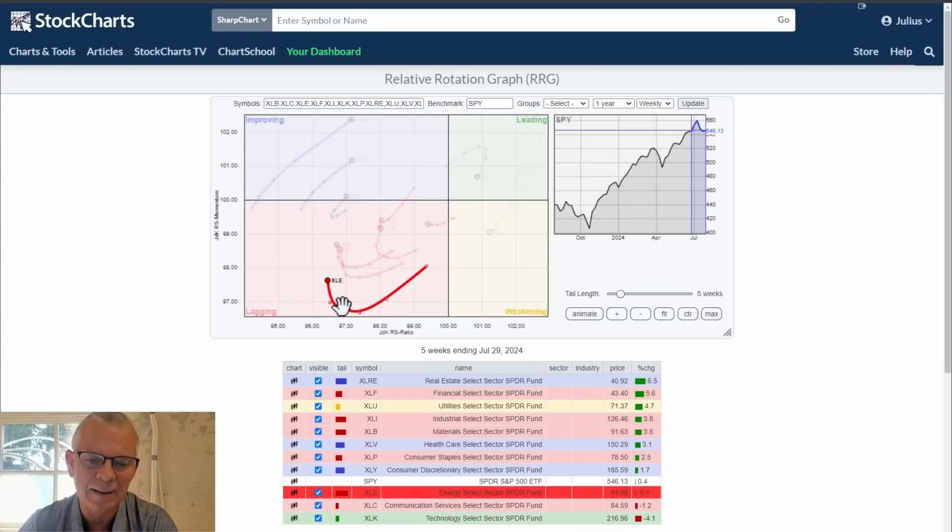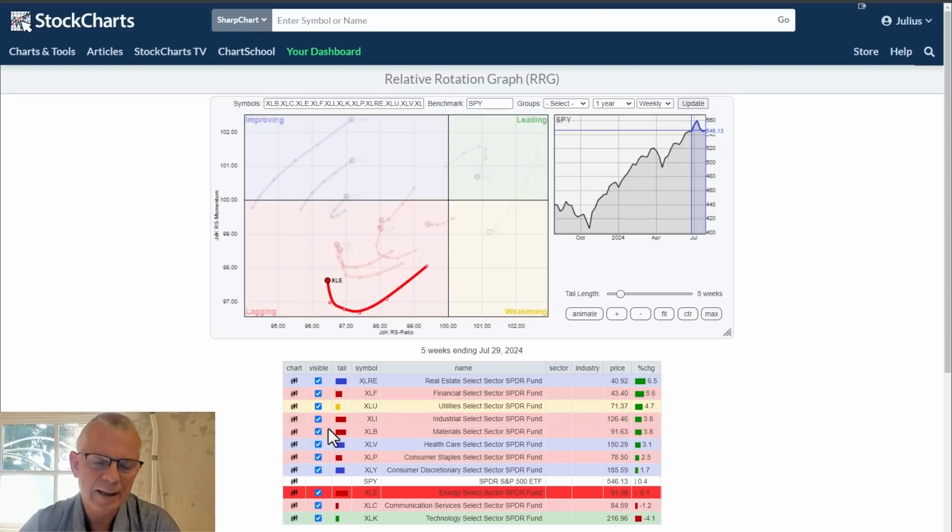It's lagging materials a little bit, but it's definitely improving. It's only 30 bips below the S&P 500 over the last 5 weeks, and it's rapidly picking up.